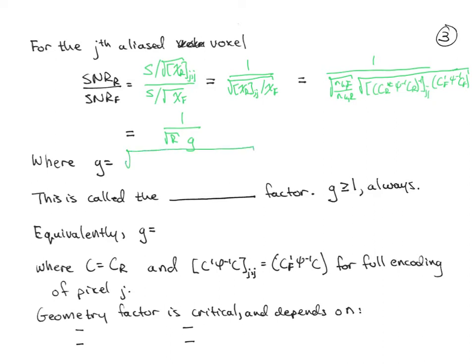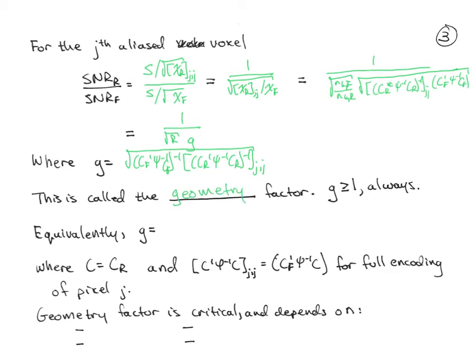where g here is the geometry factor, and it's again equal to the square root of [C_f transpose psi inverse C_f] times [C_r transpose psi inverse C_r] inverse, at jj. And this is called the geometry factor.